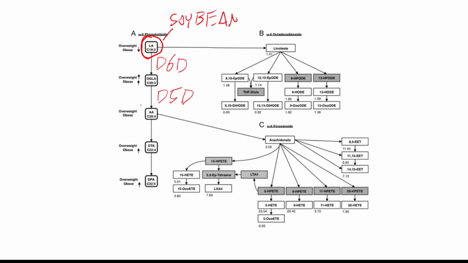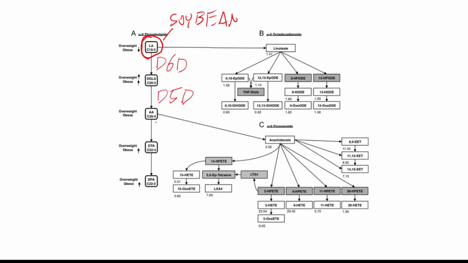In most of those studies, if you take a large enough sampling of the population in any given area, you can assume that everyone on average in both your control group and your experimental group is eating about the same amount of linoleic acid, because as long as you take a large enough section of the population, everybody on average gets the same amount. And so when you see people's linoleic acid levels drop, it's not because they're eating less typically. It's usually because their enzymes have changed.